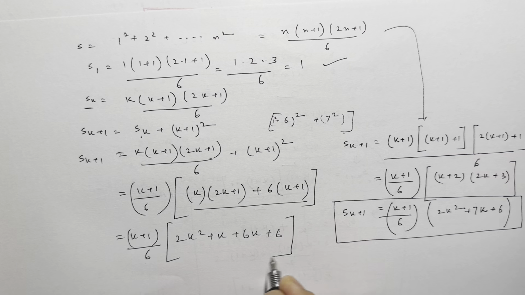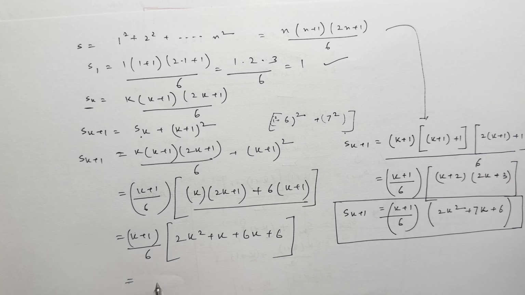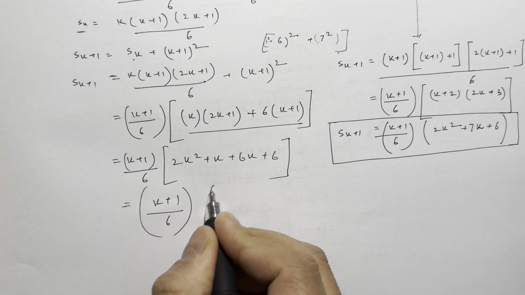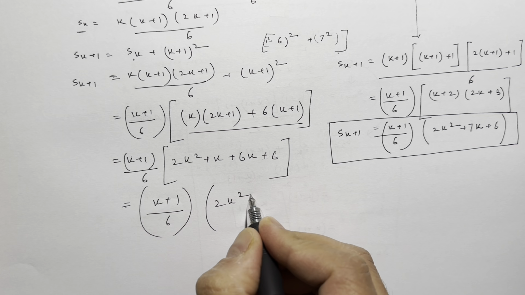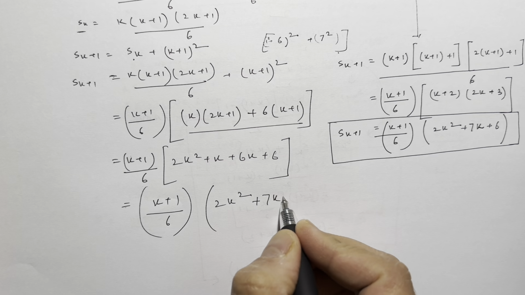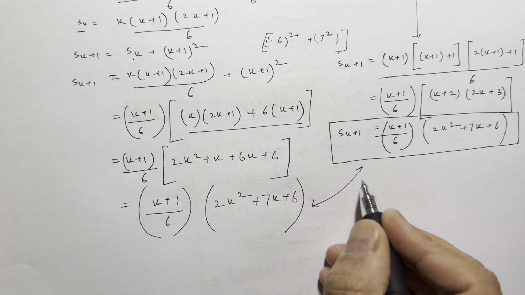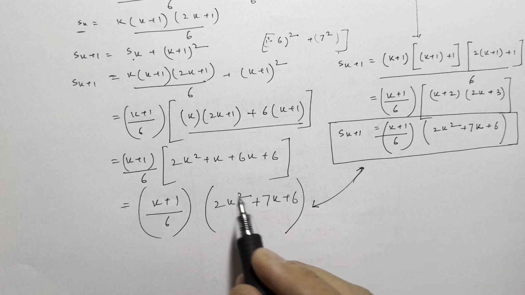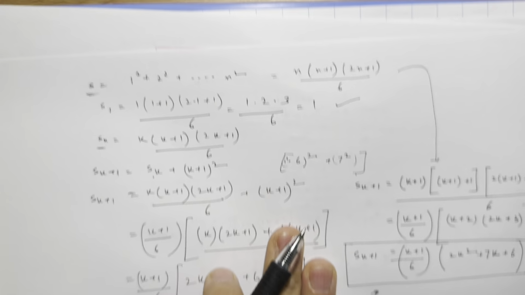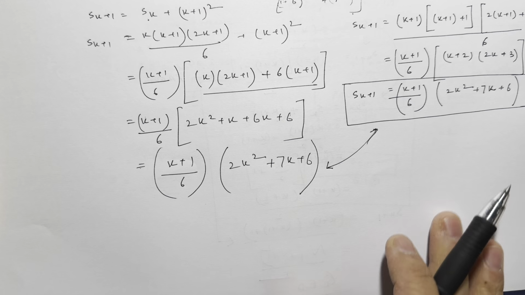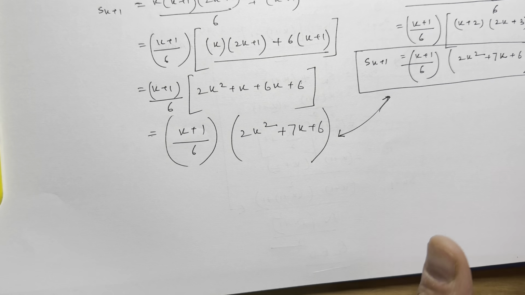We can see that we are reaching the same expression. We have (k+1)/6 times 2k squared plus 7k plus 6. This is exactly as this one. So we are able to prove this expression, right? So this is how mathematical induction works.